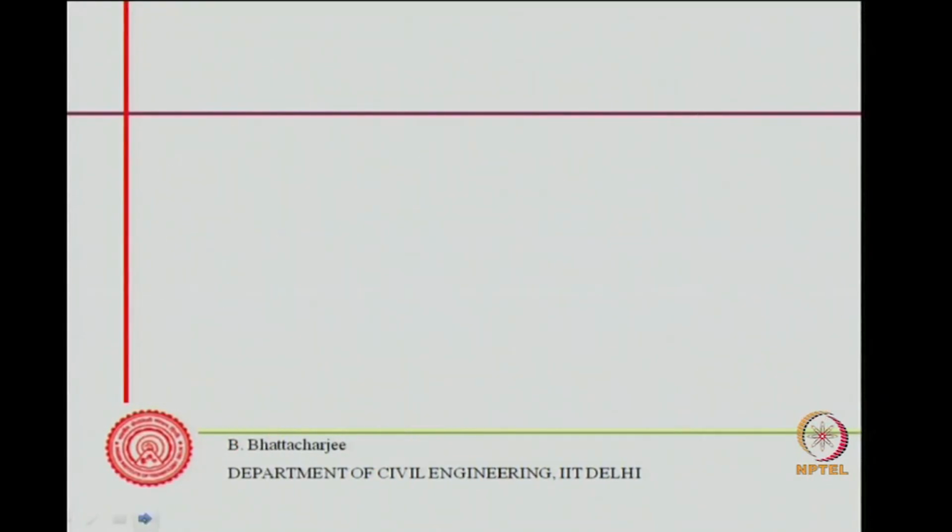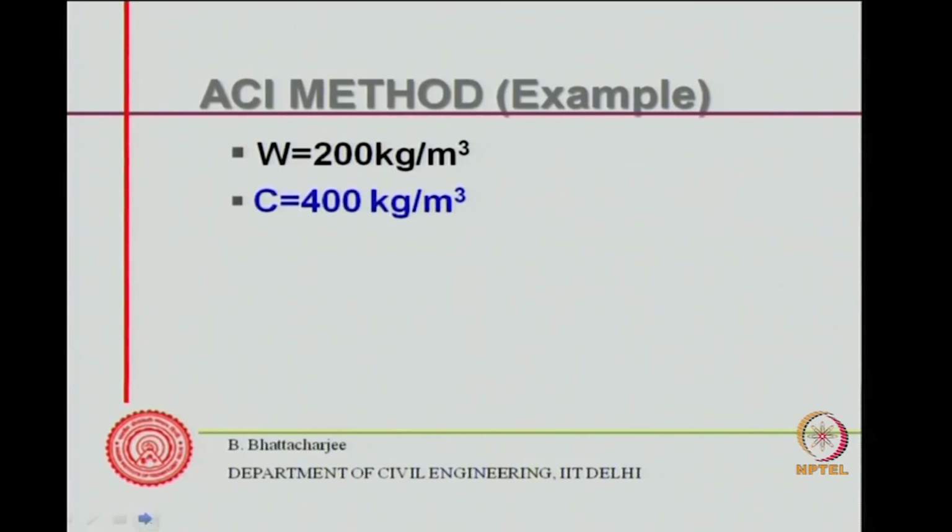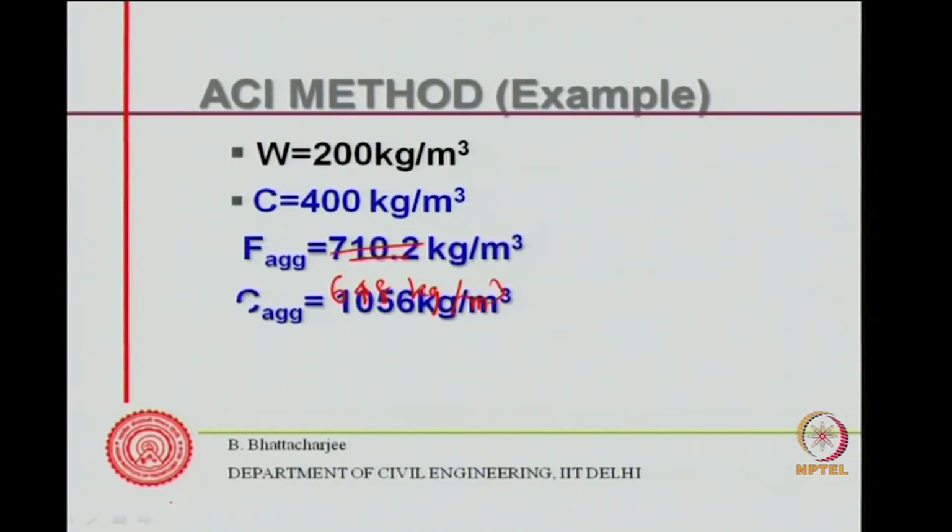So, if I put it together, from ACI method, I will get water 200 kg, cement 400 kg, fine aggregate 648 kg per meter cube, and I will have coarse aggregate 1056 kg.